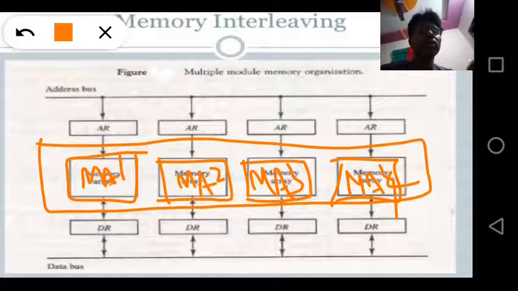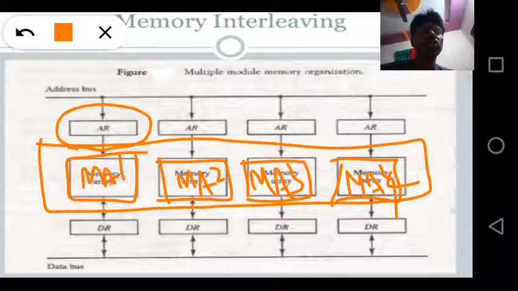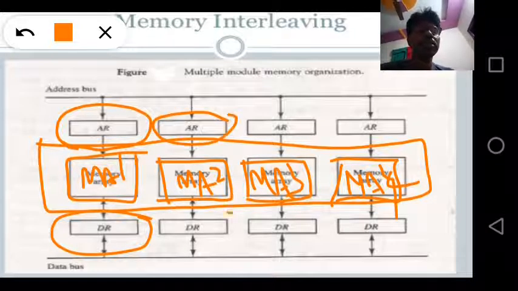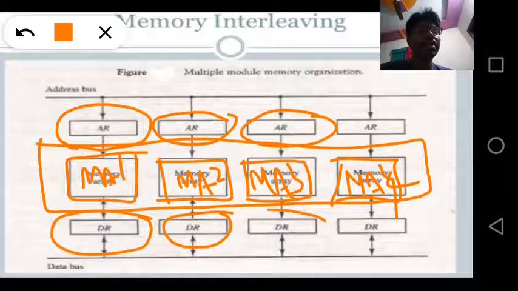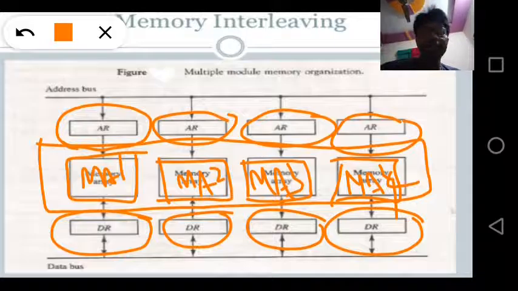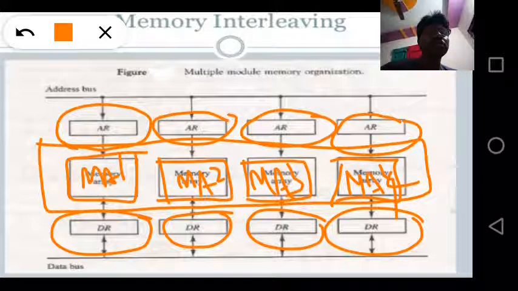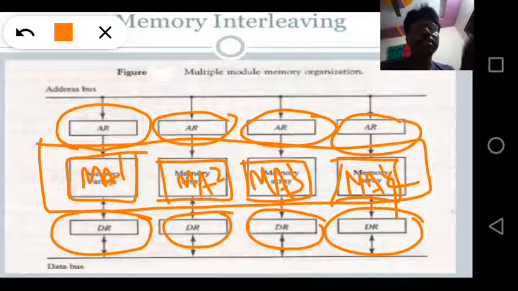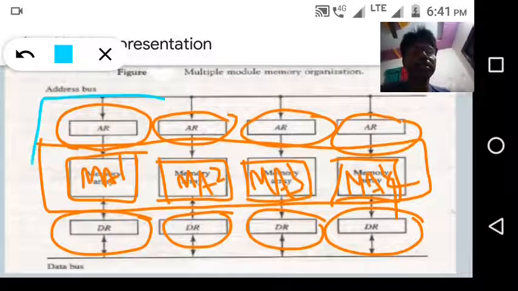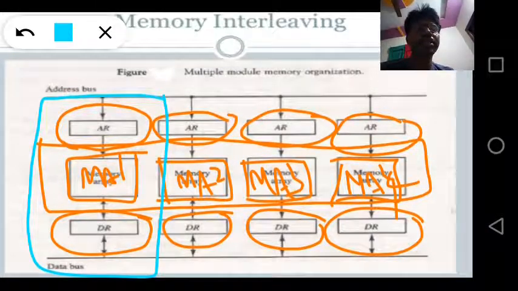Now if you observe, each of these memory arrays has its own address register and data register. Each memory array contains a separate address register and data register. So this address register and data register acts as one separate individual memory entity.